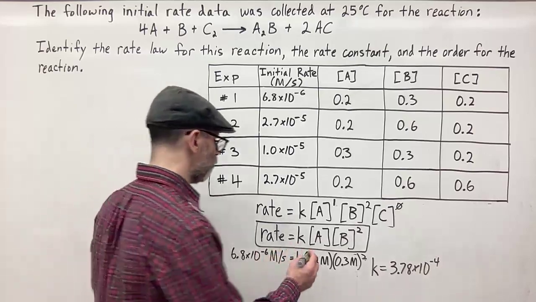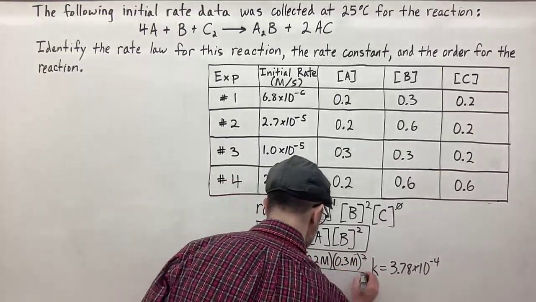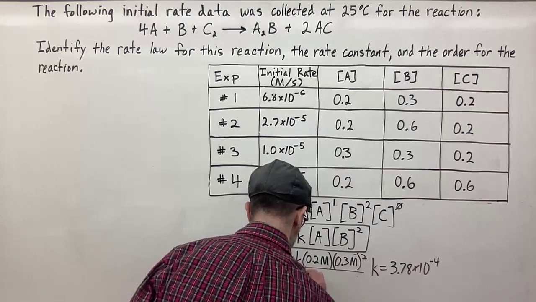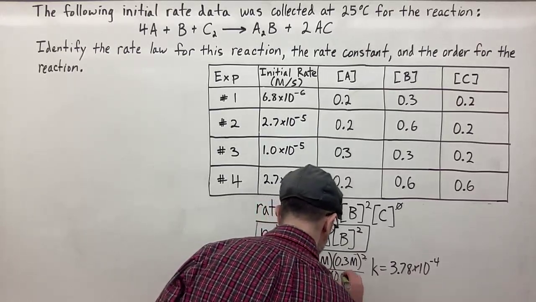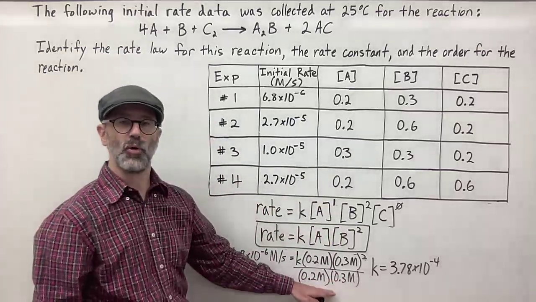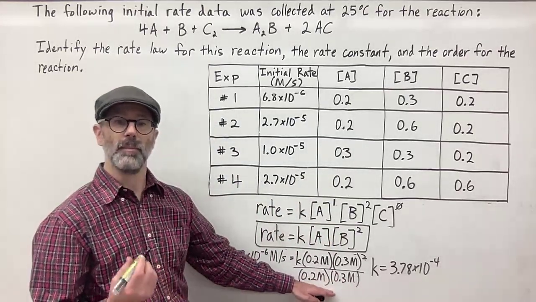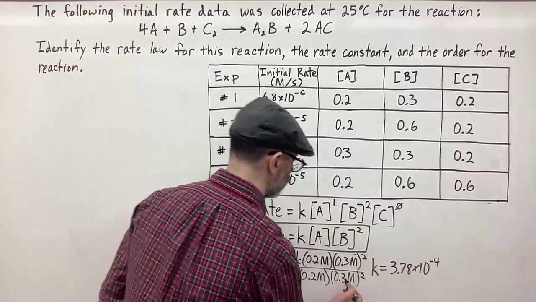And remember, we're dividing both of these. So remember, we're dividing by 0.2 molar, 0.3 molar. Remember, these multiplied together was 0.018 molar squared, or molar cubed.